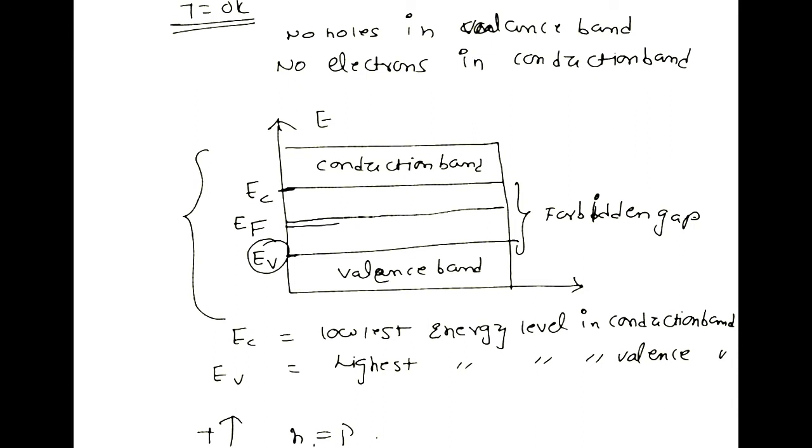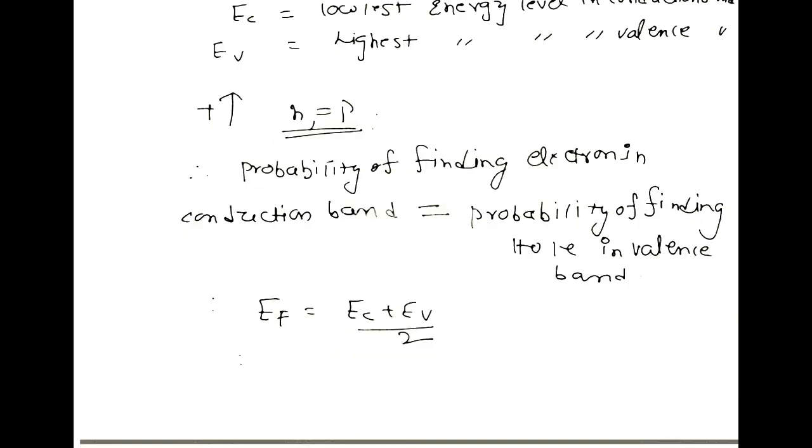Here the Fermi level at the center of the band indicates equal concentration of electrons and holes, n is equal to p. This particular line indicates n is equal to p. So this is the energy band diagram of intrinsic semiconductor.